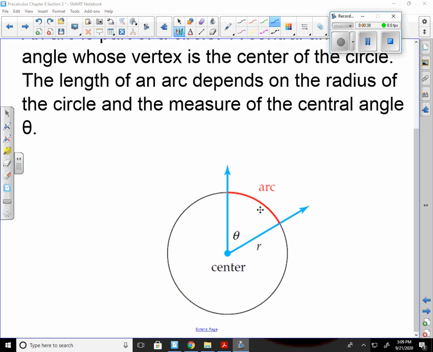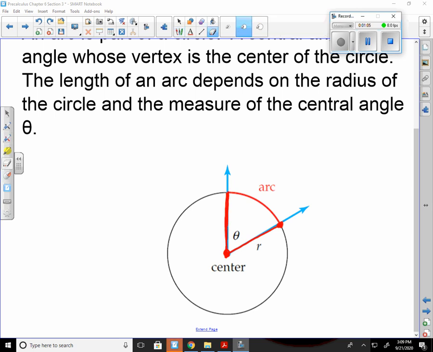So if I'm looking at this circle, I have the center, which is where the vertex of the angle is. Then the length of the arc depends on how long my radius is, so how long it is from here out to the edge of the circle. And that's going to be the same distance on this one as well, because my radius length is always the same.